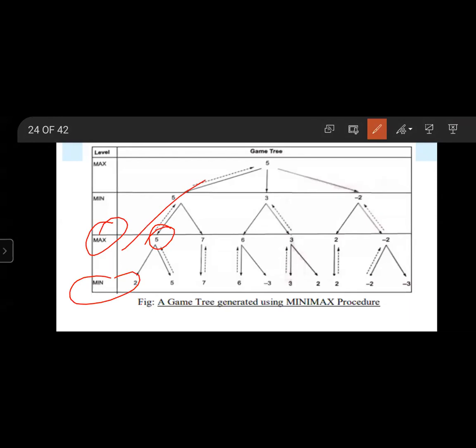Next minimum values: min of 5, 7 equals 5. Min of 6, 3 equals 3. See the diagram. Min of 2, -2 equals -2.